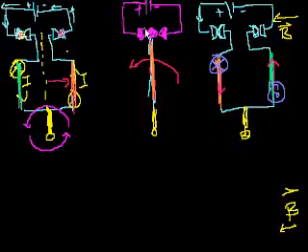So if you have a constant magnetic field, and you just use this commutator, which as soon as you get to that vertical point, it cuts the current, and then when you go a little bit past vertical, a little bit past 90 degrees, it switches the direction of the current.